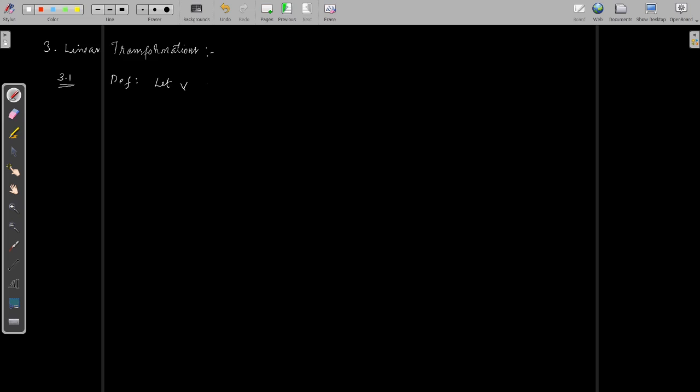Let V and W be vector spaces over a field F. This is very important. When you consider a linear transformation between two vector spaces V and W, that field must be common.